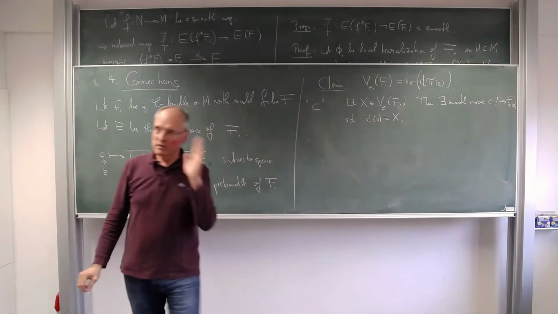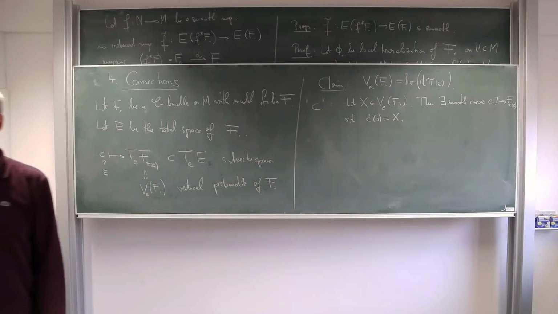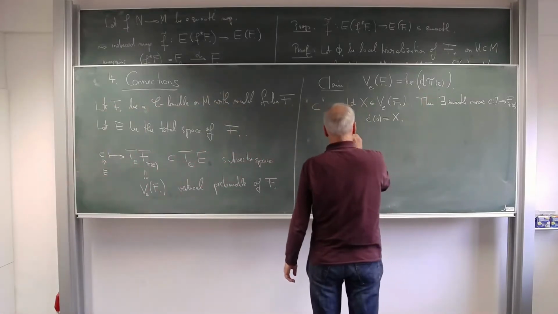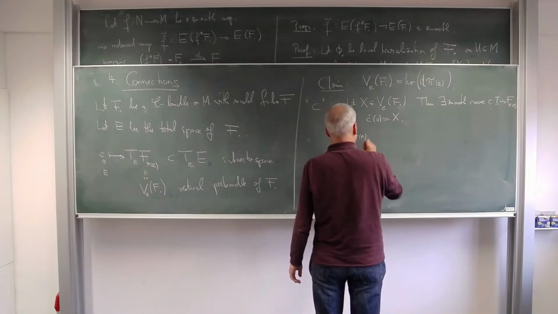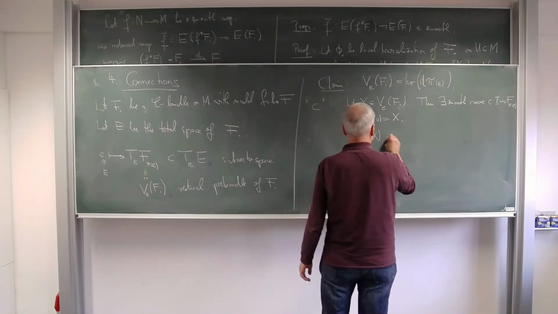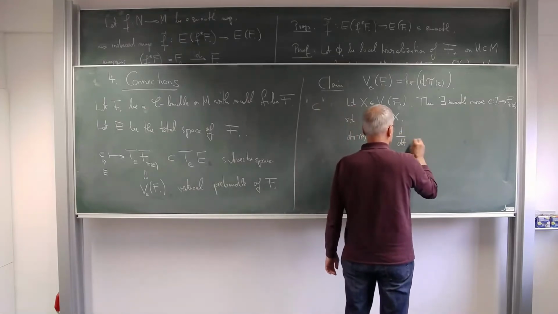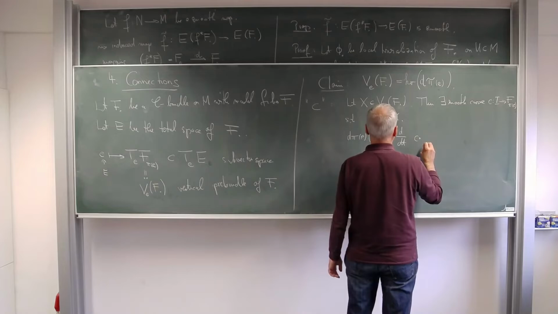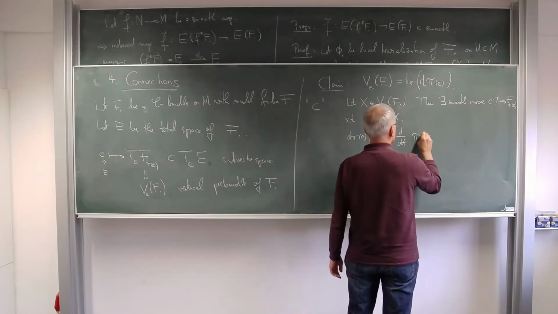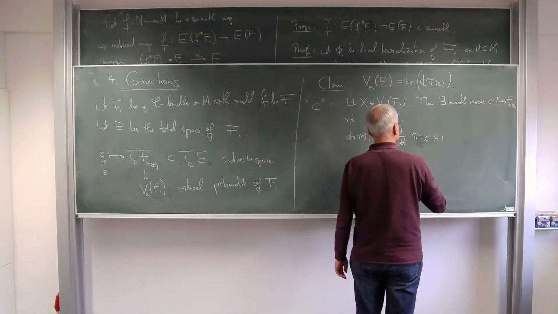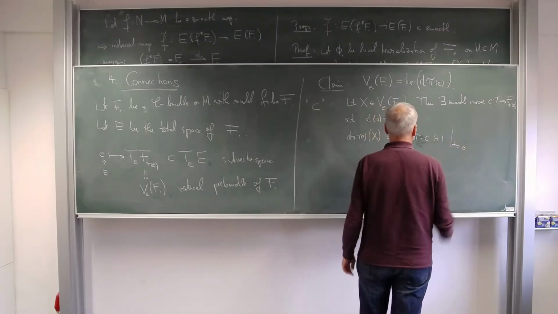If I now apply the differential to x, this means I apply it to c dot of 0, and by the chain rule, that's the same thing as the derivative of pi composed with c of t, at t equals 0.